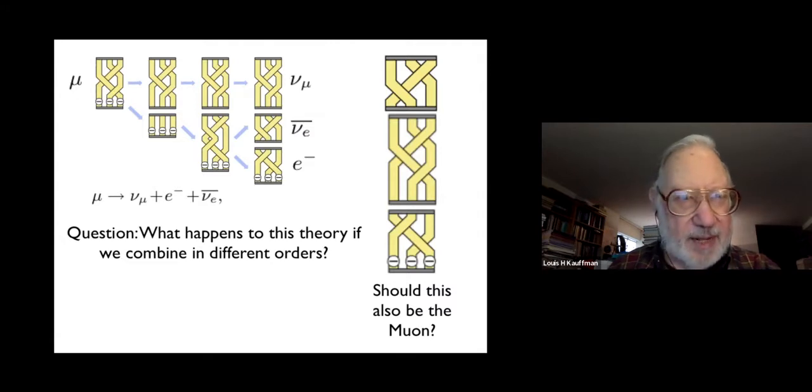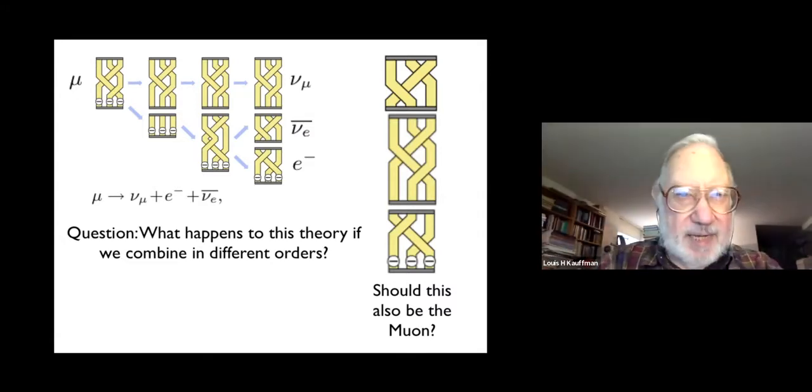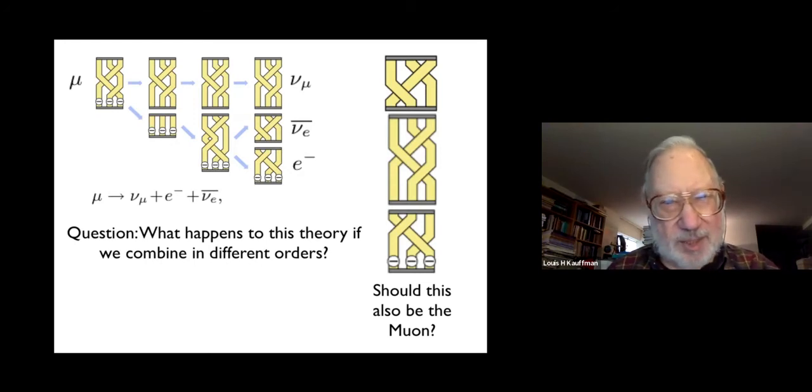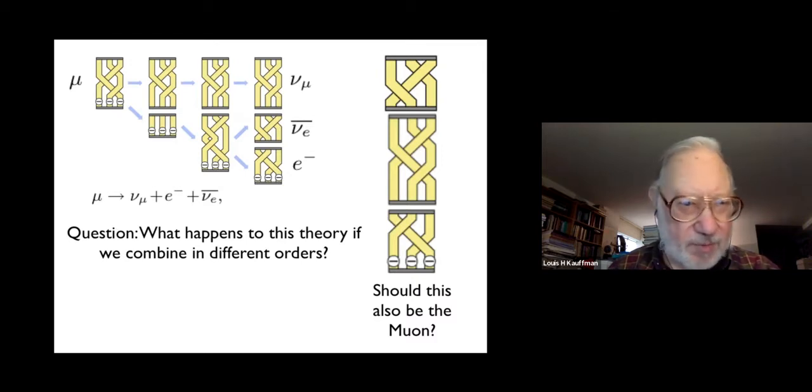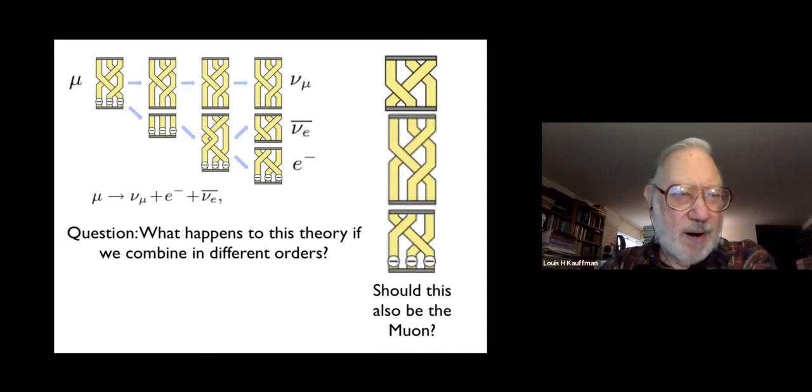And if you say that this muon decays into these three products, three partial factors by factoring the braid, then what if you were to multiply them back in some other order? Because after all, usually you don't think of an order involved in the decay of a particle into some pieces.